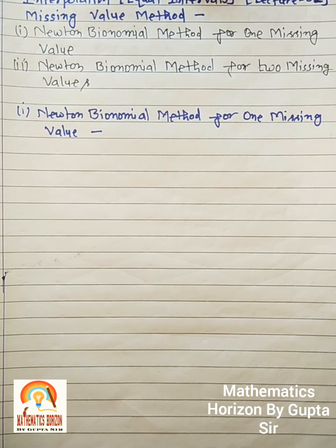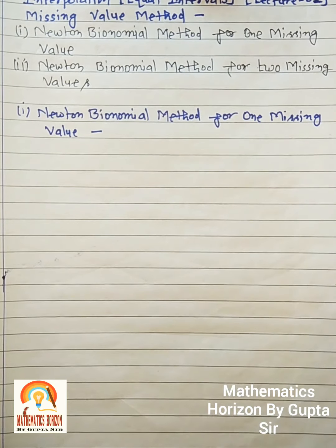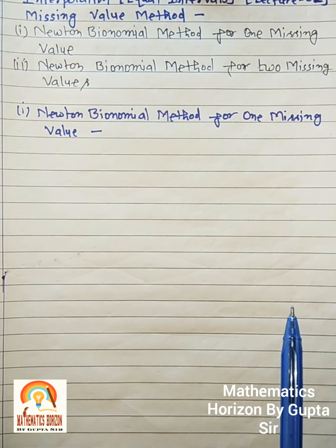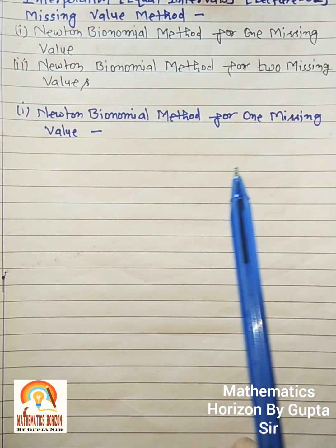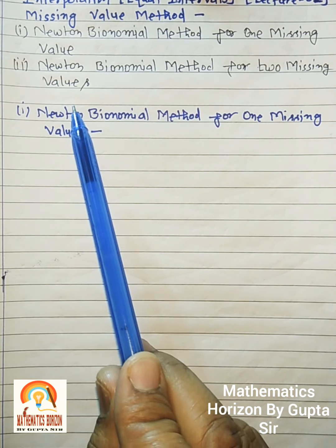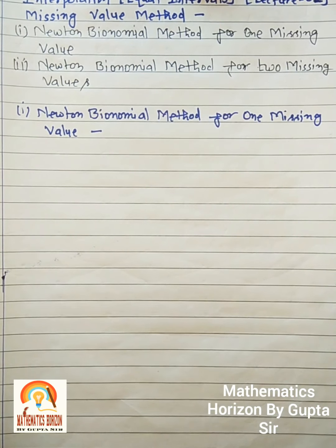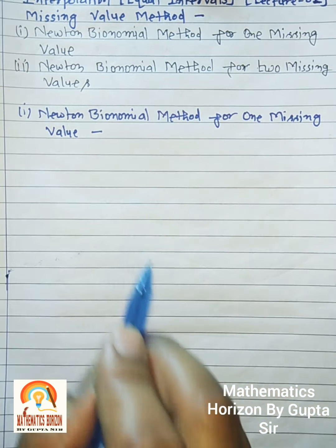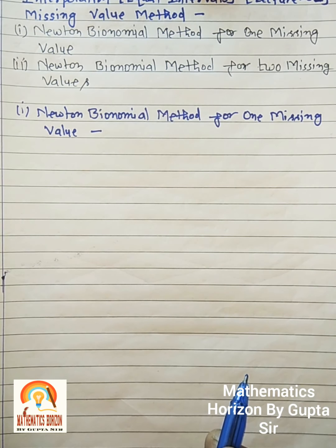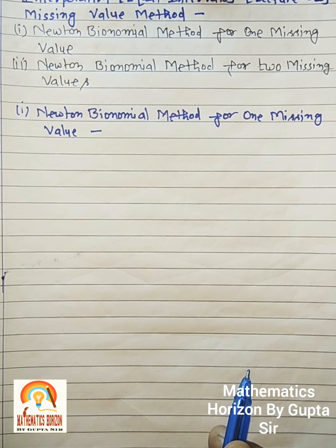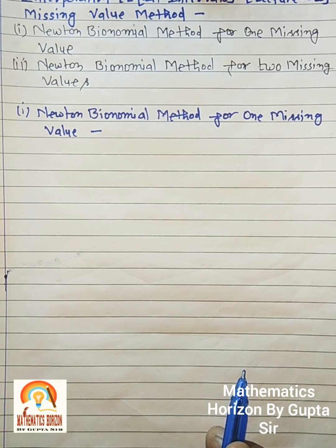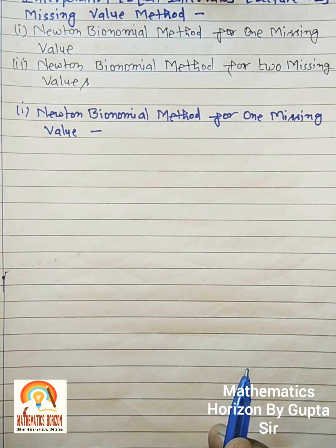If one value is missing, then we apply Newton binomial method for one missing value. If two missing values are there, then we will apply Newton binomial method for two missing values. Now first we are discussing Newton binomial method for one missing value.